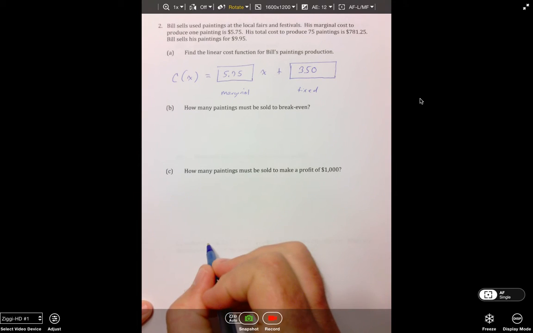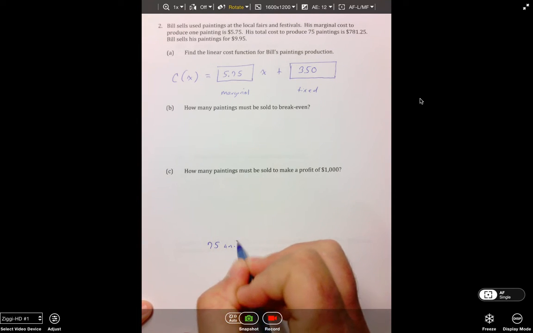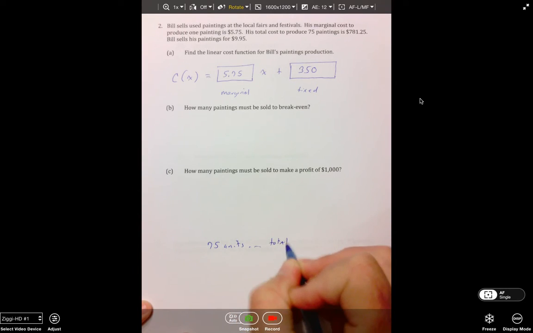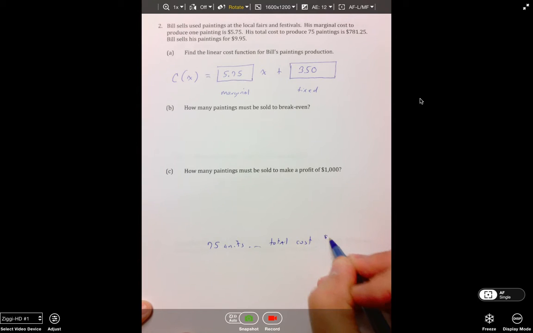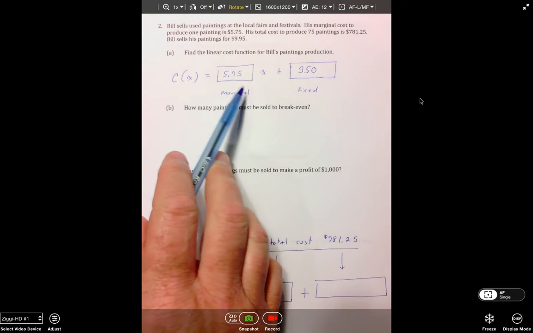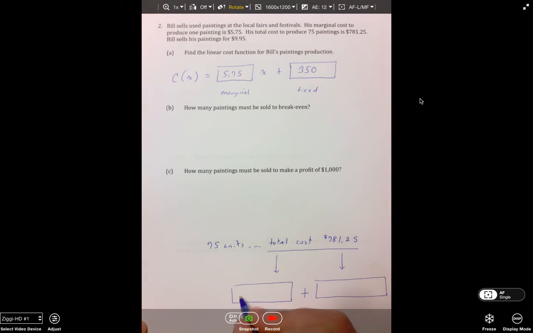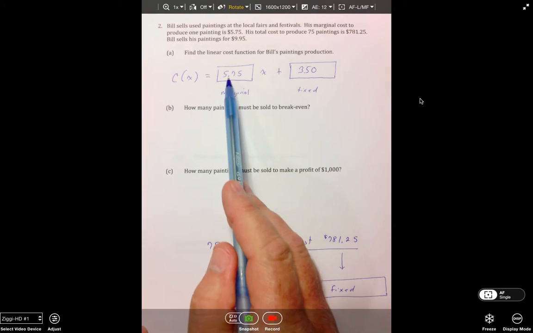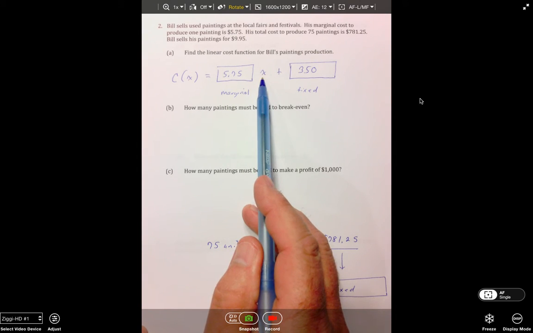So I'm going to come down here and show that a little bit more. So 75 units created a total cost of $781.25. Now guys, total cost has to be a sum of two parts. What does the total cost have to be a sum of? The marginal cost and the fixed cost. Well, the marginal cost is the price per unit times the total number created.